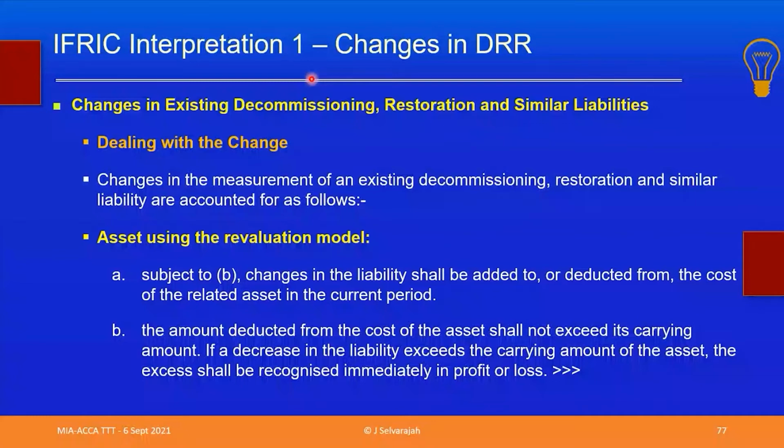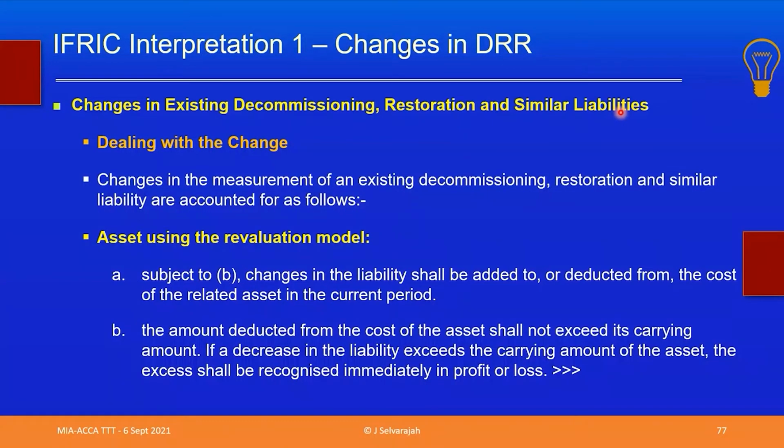Or there was a deflation, for some reason there's a deflation and our 5 million is overstated. So we can reduce. So how to deal with the change? So this interpretation, which is the International Financial Reporting Interpretations Committee, all right, their interpretation says like that, how to deal with the change. Changes in existing decommissioning restorations.